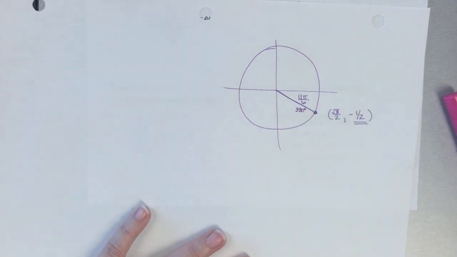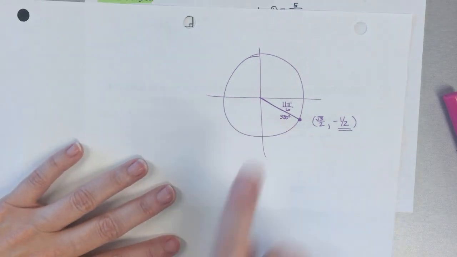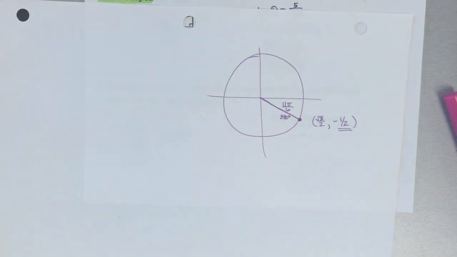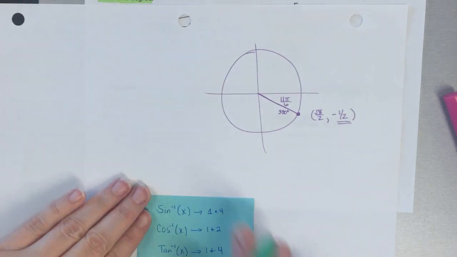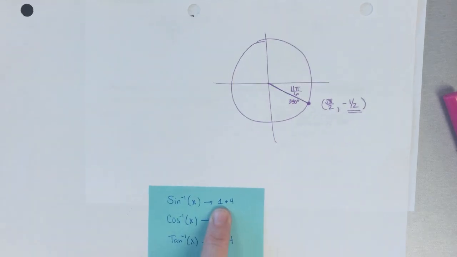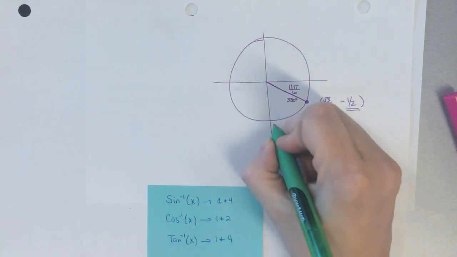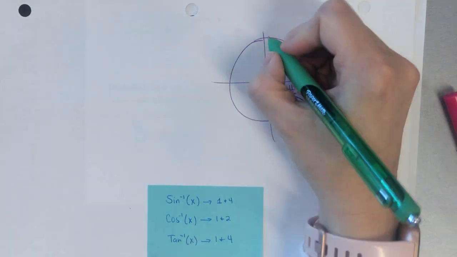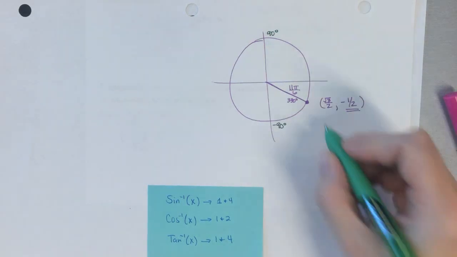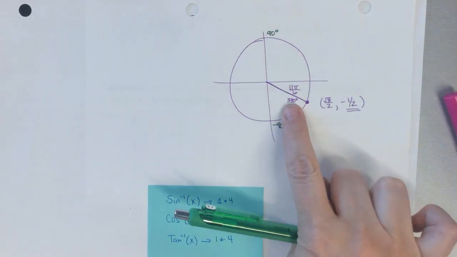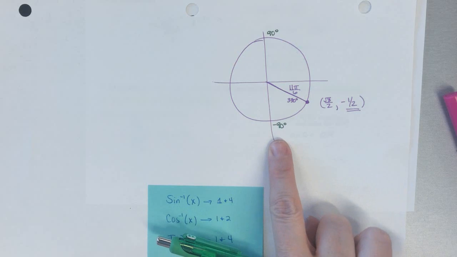330, okay? Now, if you wrote this down and you went to check in the key, it did not say 330 degrees, and that's because, like you guys told me, the sine inverse is in quadrants 1 and 4, but the specific description says it's from -90 to 90. So is 330 in between 90 and -90?